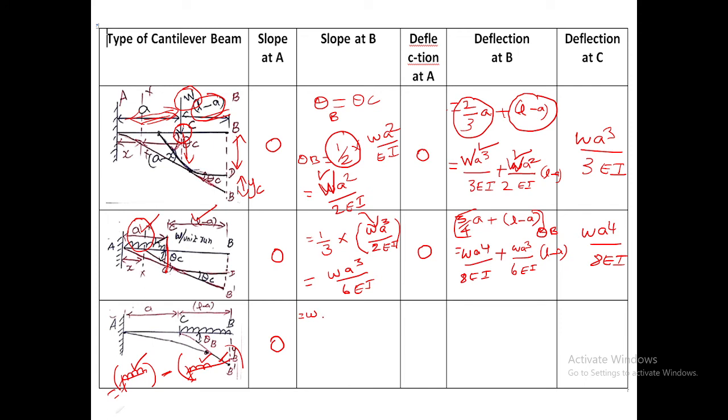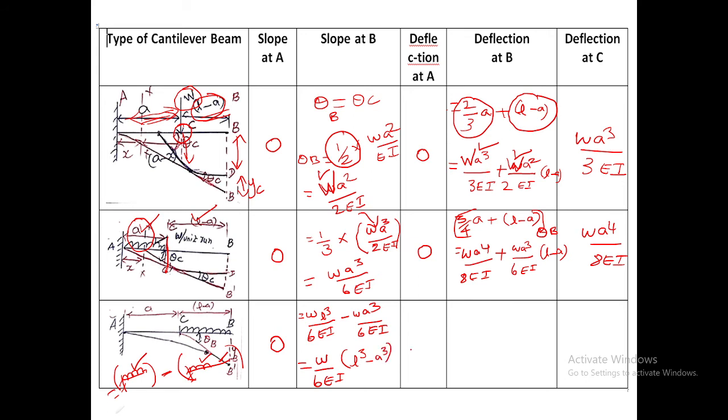The slope of the uniformly distributed load is W L cube divided by 6 EI minus W a cube divided by 6 EI. So the answer is W divided by 6 EI into (L cube minus a cube).